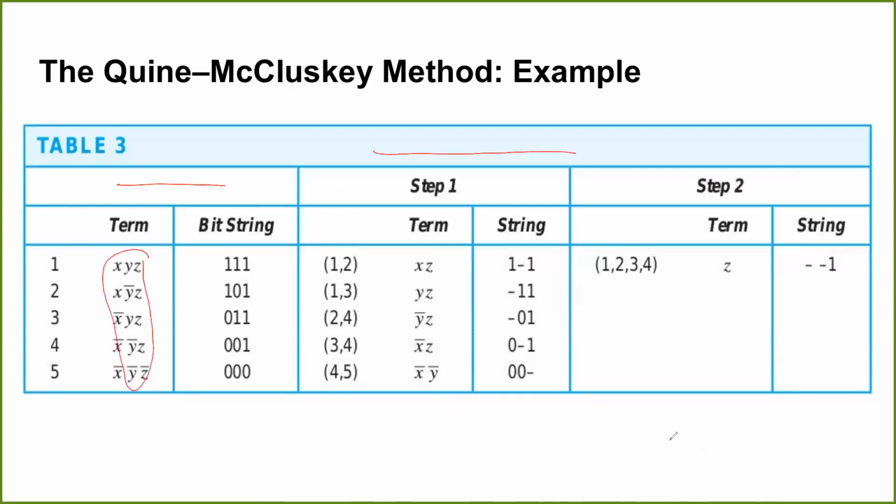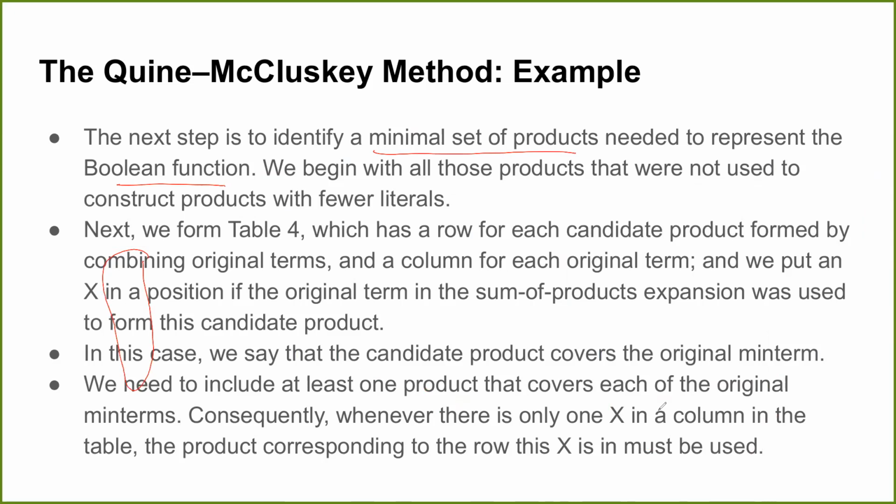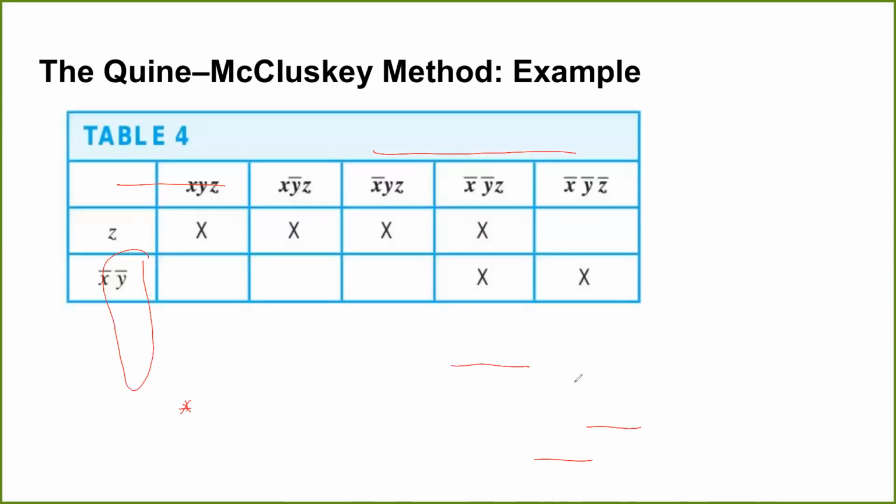These are written on the x-axis, and on the y-axis you write the reduced terms. You put an x there. In general, you want to find a candidate product term which covers all the original terms. One thing to note is whenever there is an x only in a column, then that term you have to definitely take. Let me just illustrate with an example.